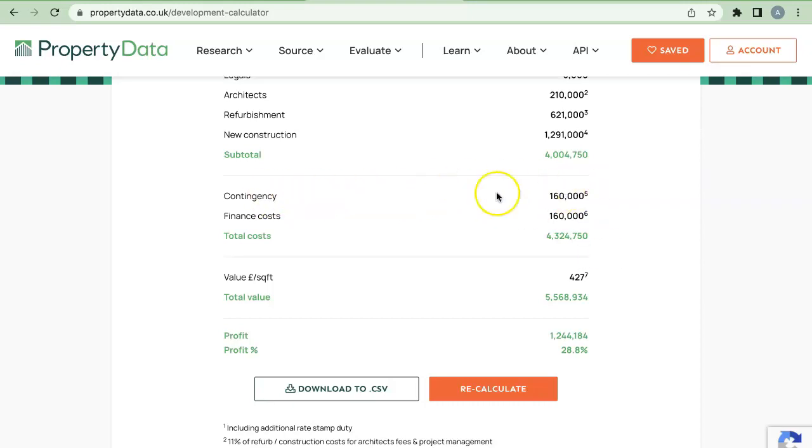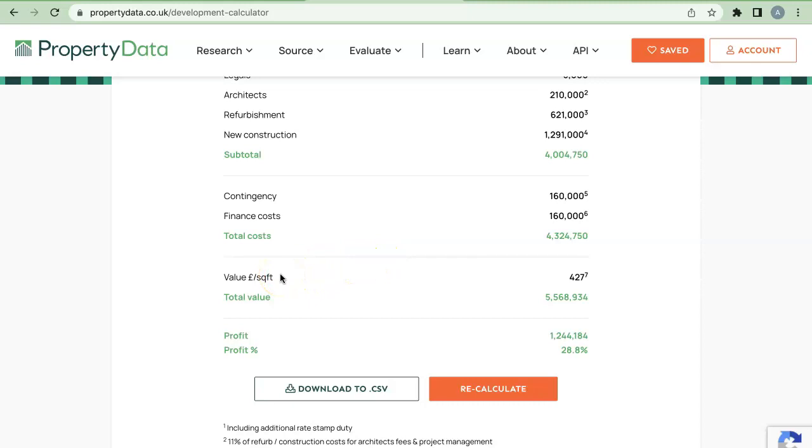There's an allowance in here for contingency which is insufficient, as is the finance cost, so we need to adjust those figures. But let's assume they are correct just for purposes of this example, giving a total development cost of 4324.